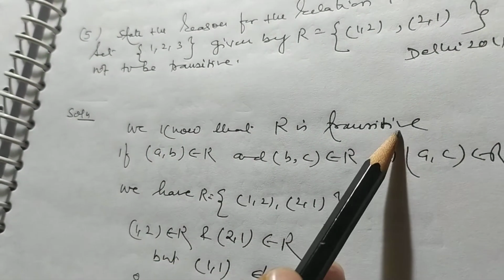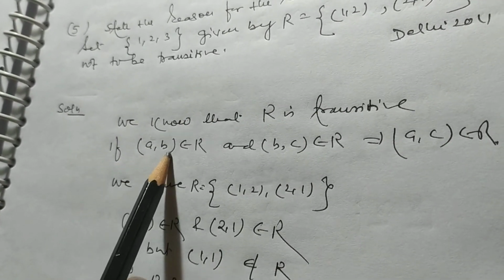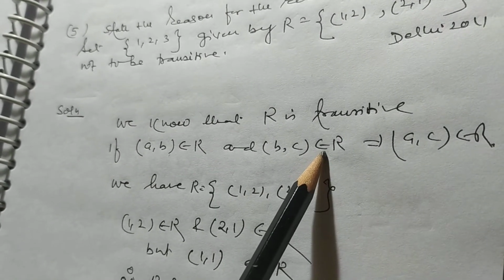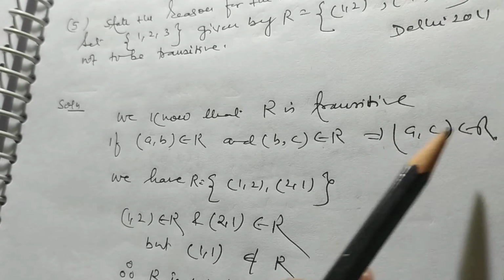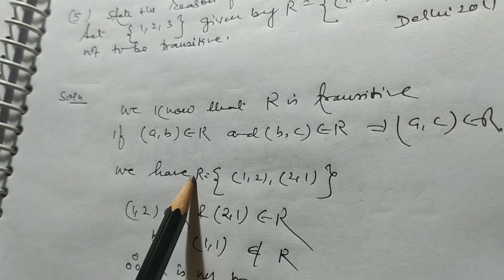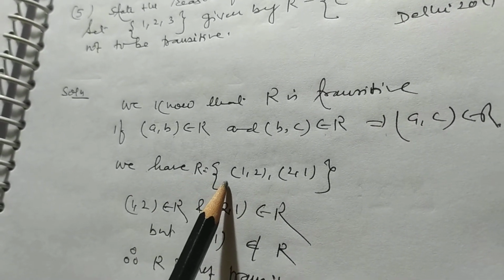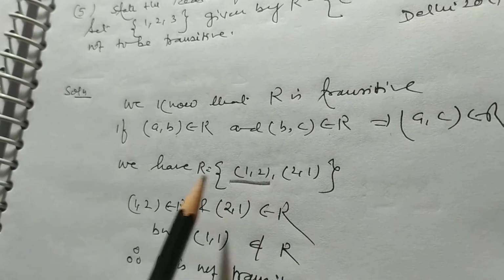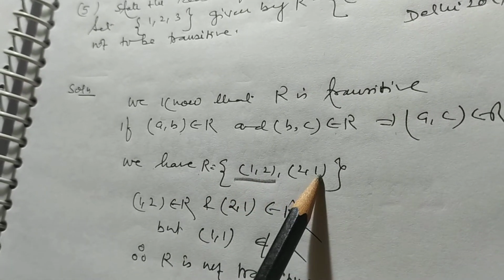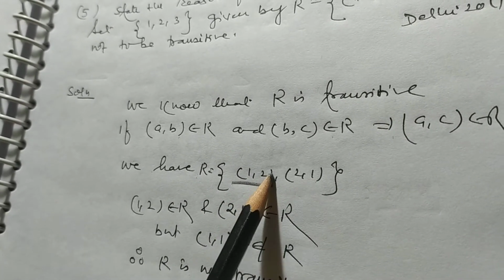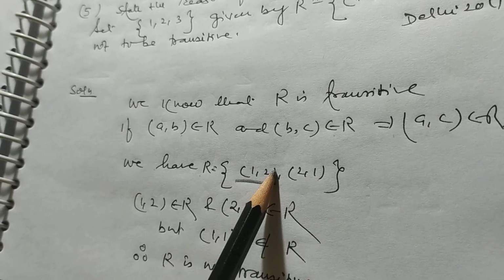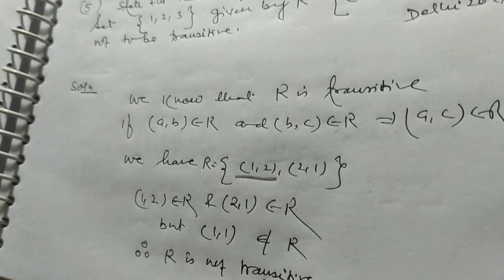We know that R is transitive if (a, b) belongs to R and (b, c) belongs to R, this implies (a, c) belongs to R. We have in the relation R, (1, 2), (2, 1). So (1, 1) should be present in the relation R. Then it will be transitive.